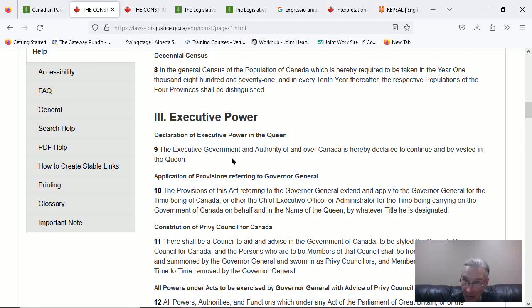The executive government and authority of and over Canada is hereby declared to continue and be vested in the Queen, Queen Victoria, who died in 1901.